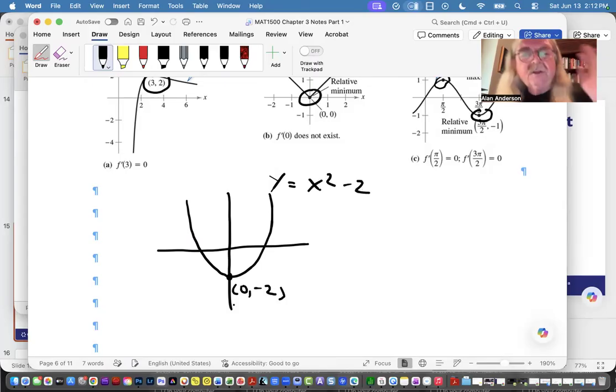Okay, so it should be clear by looking at the graph that this is our relative minimum. It's also clear that the tangent line has a slope of 0. How do I identify this point?